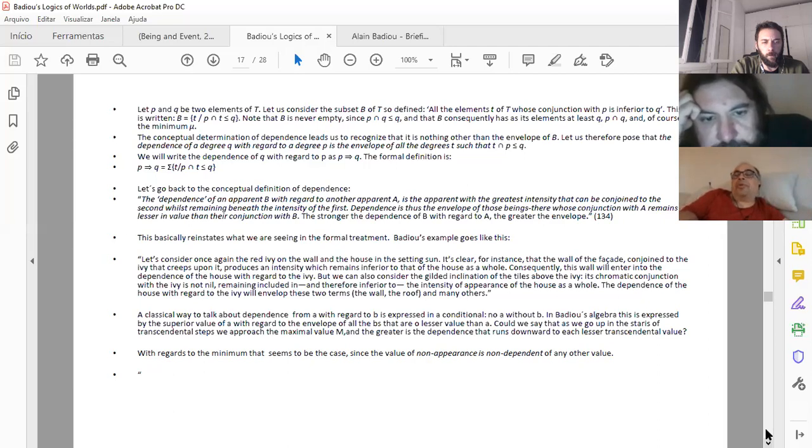That seems to be the case, since the value of non-appearance is not dependent on any other value. Like nothing does not depend on anything else, right?